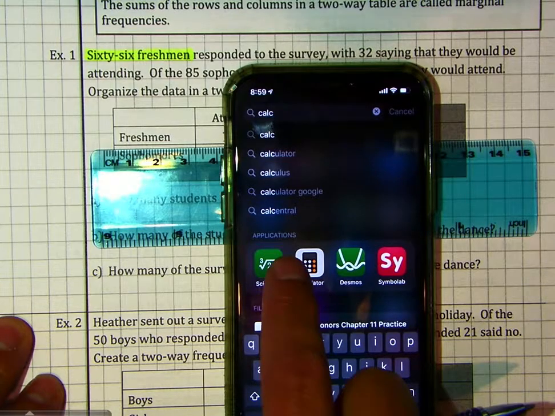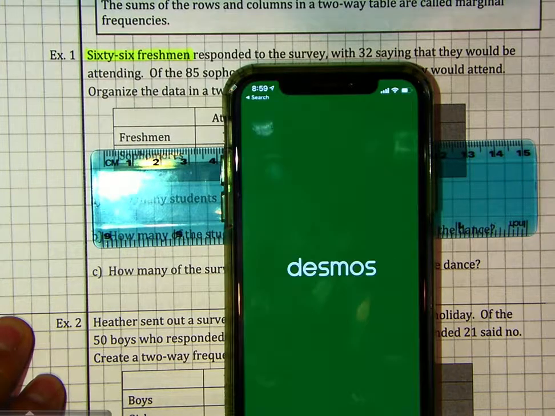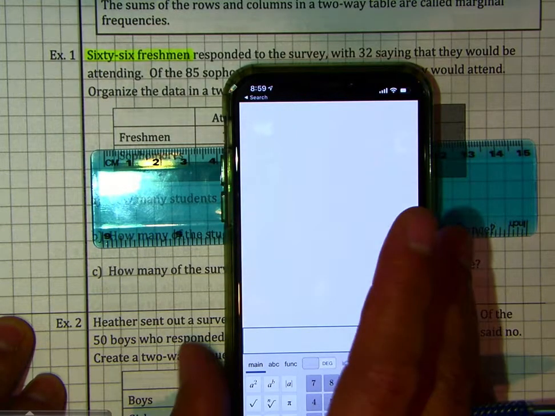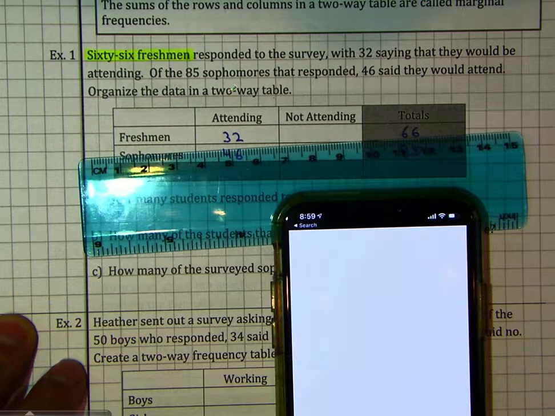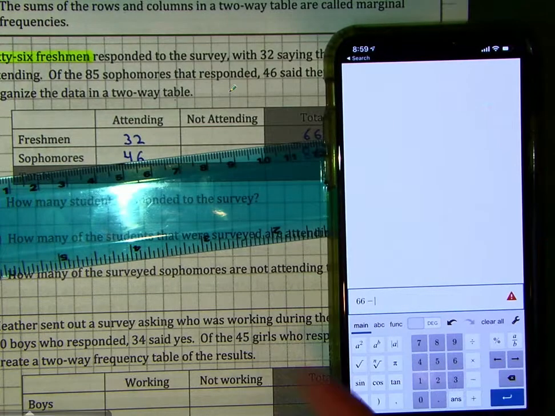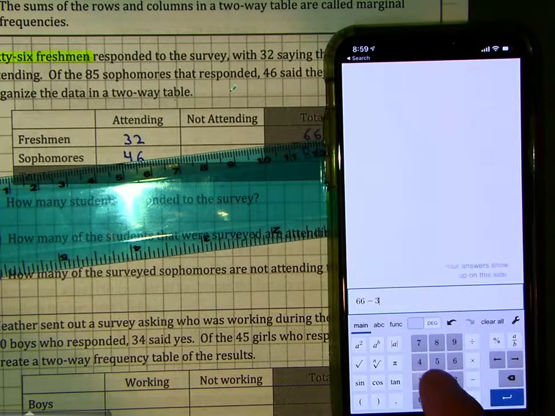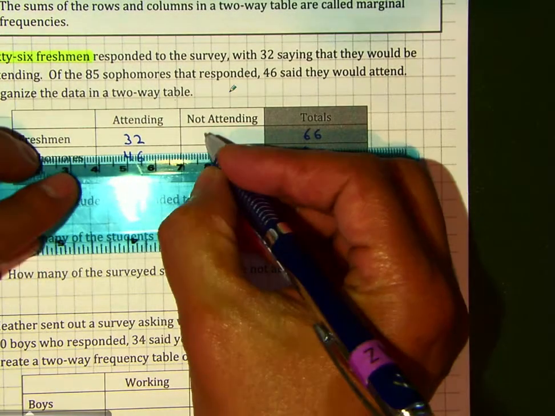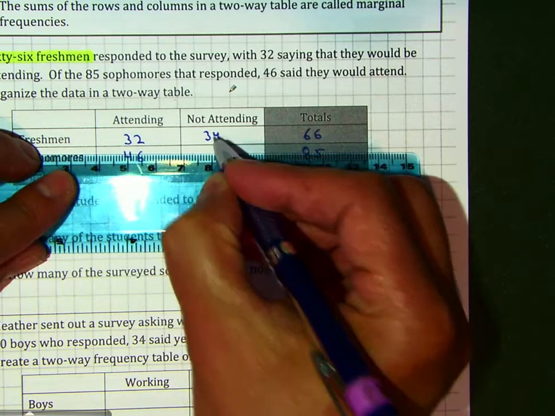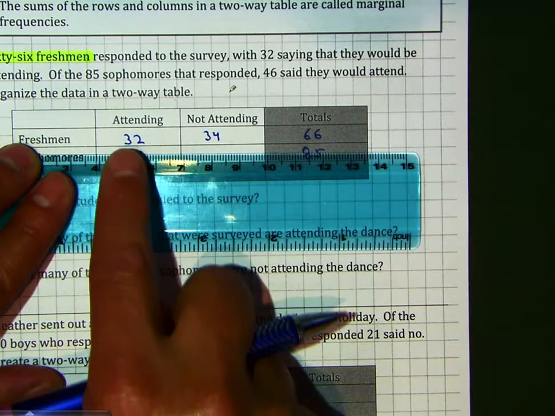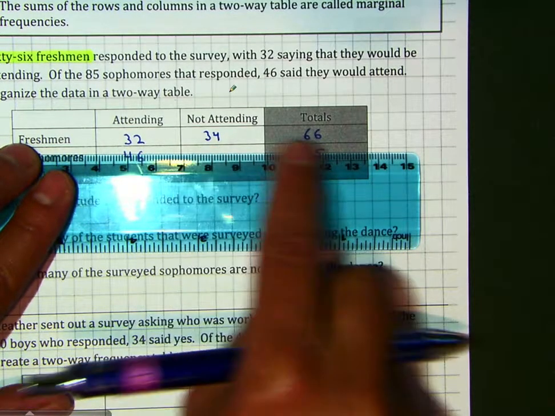I'm going to use my scientific Desmos calculator, and I can just type in 66 minus 32, and we know that's 34, correct? Most of the time you actually don't need one, but if you want to use one, you can just use a scientific calculator. So 32 plus 34 will give me 66.